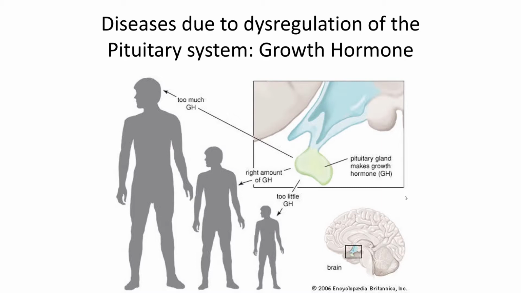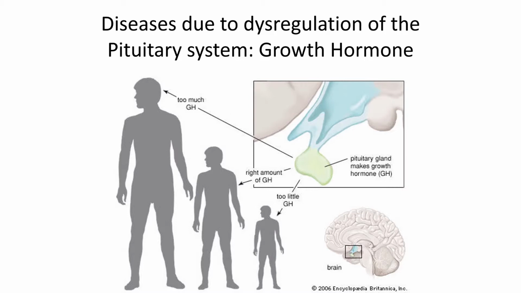If you have too much growth hormone, you continue to grow and become ginormous. If you have too little, you become short of stature. If you have just the right amount, you become average size. And so we say this is the right amount.